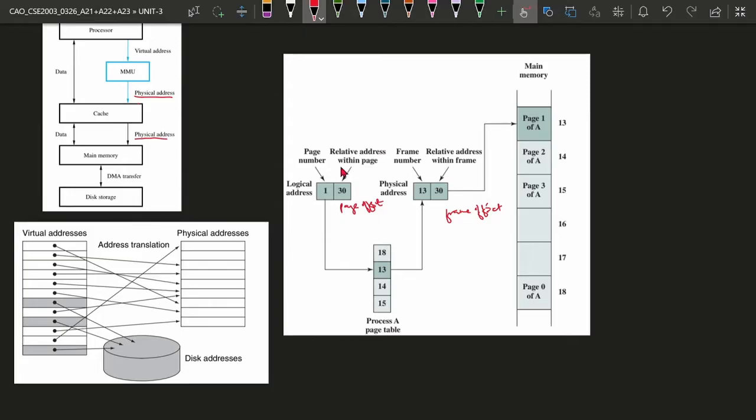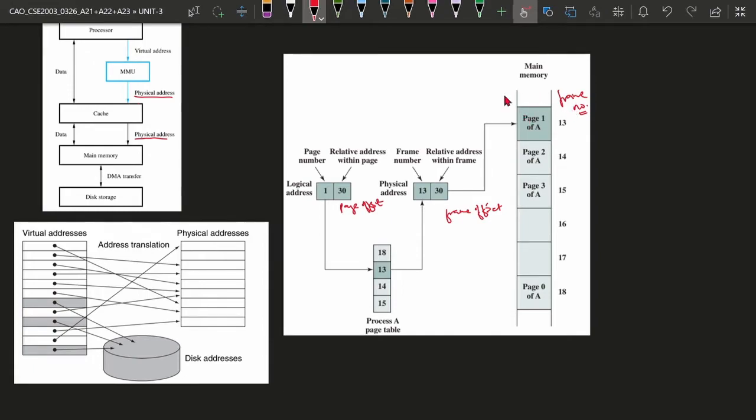So inside this main memory, each block here will be indicating a frame. So this is frame number 13, frame number 14, frame number 15, 16, and similarly. So these are frame numbers. Previously in the mapping case, we have seen each memory element inside the main memory being considered as a block.